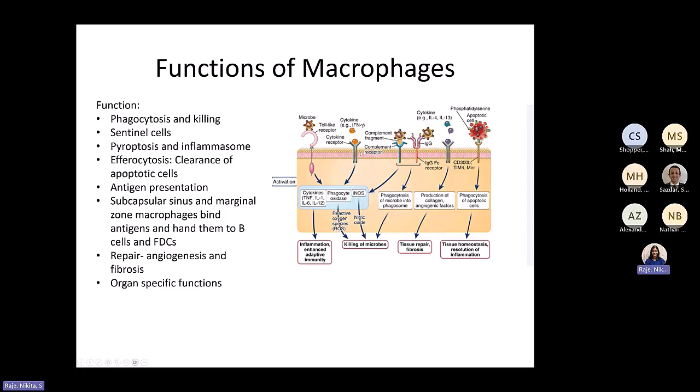Once these signals interact with the receptors on the surface, the macrophages get activated. That leads to activation of some transcription factors that lead to the transcription of some genes and synthesis of some proteins that help in mediating the function of these macrophages.